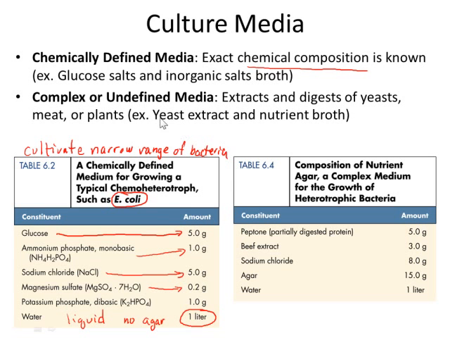Now, a complex or an undefined media uses extracts. Now, an extract represents an organism which has been digested. The cells of that organism, as they're digested, release these cytoplasmic contents, and in the cytoplasm are vitamins, cofactors, carbohydrates, all of the nutrients that are stored in that cell.